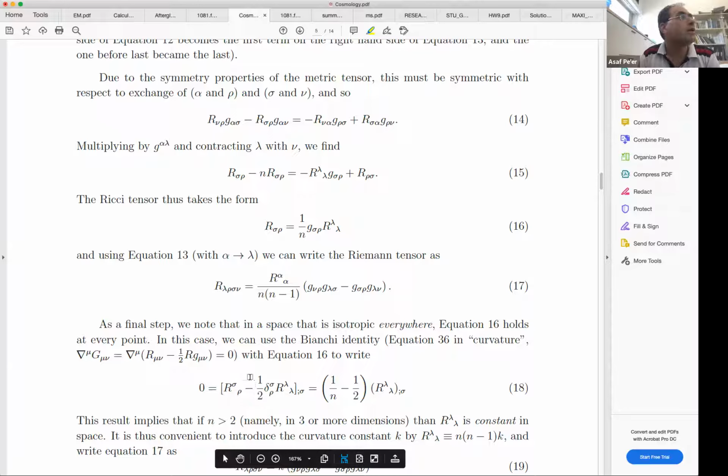And now I use this result that we derived up here of R sigma rho as 1 over N G sigma rho R lambda lambda to write this down as 1 over N minus 1/2 R lambda lambda derivative with respect to sigma.